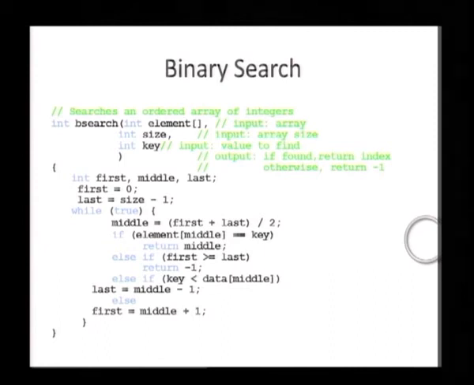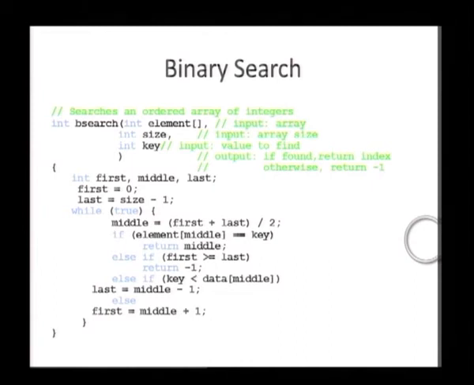First is taken to be the value 0 and last is taken to be size - 1. You can check the integer division, where middle takes the value of (first + last) divided by 2, and whatever comparisons we have discussed so far are made.